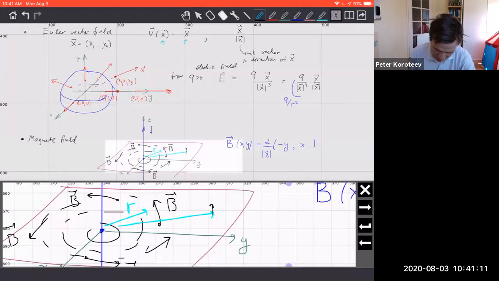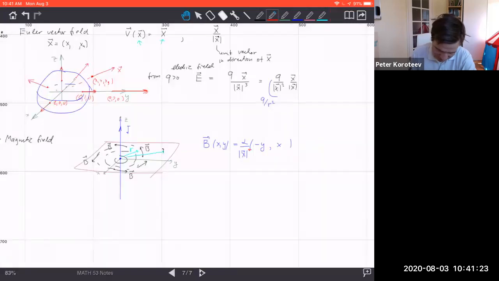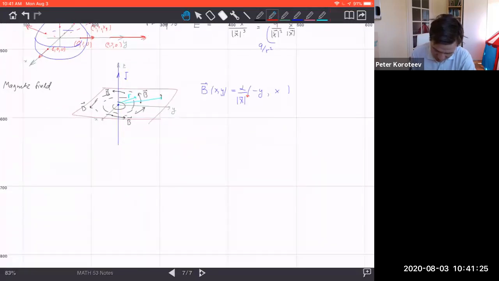The field will be smaller. So we could remember that, and we can put some power here. But anyhow, let's say we only look at a circle of fixed radius, and then let's check that this is an accurate representation of the vector field.